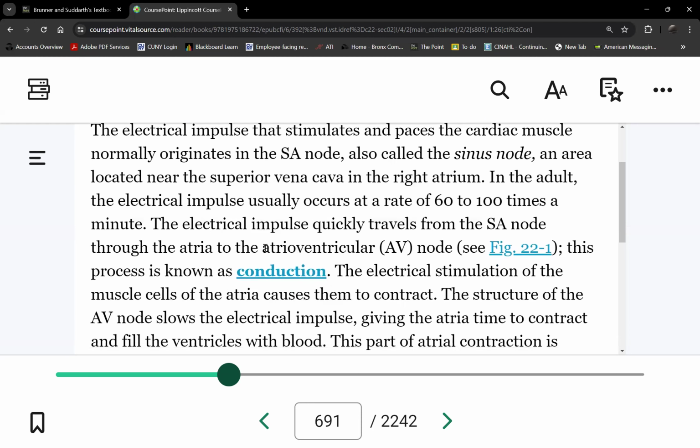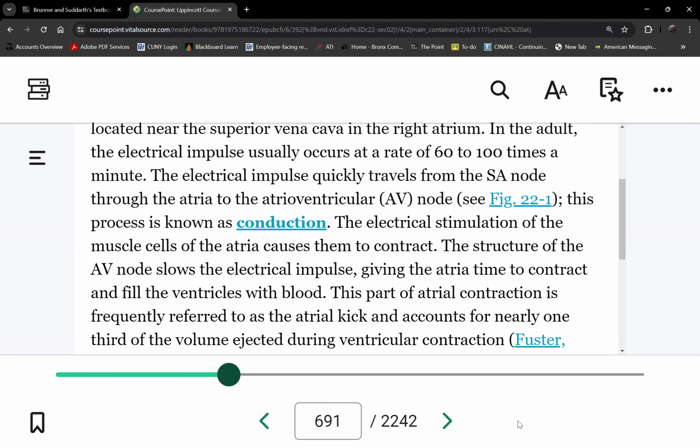There is a secondary pacemaker. This one is located in the junction between the atria and the ventricles. We call it the AV node. We'll look at the picture in a short while. Now, the AV node is a secondary pacemaker. I repeat, it's a secondary pacemaker, meaning it takes over the moment the SA node fails, meaning if there are no impulses transmitted from the SA node.